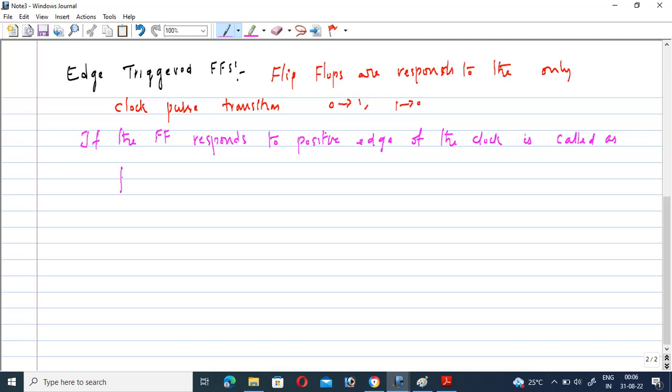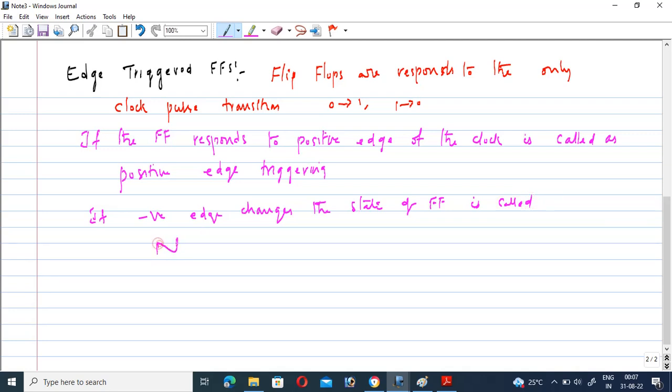If the negative edge changes the state of the flip-flop, it is called negative edge triggering.